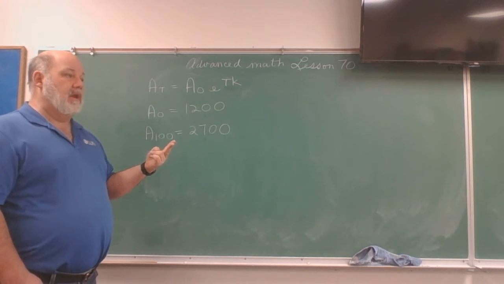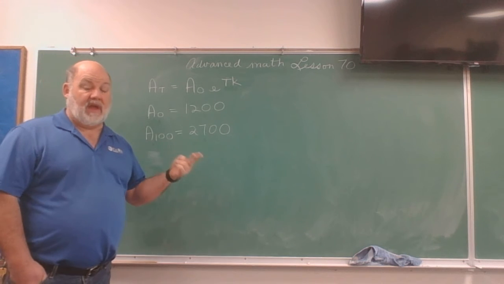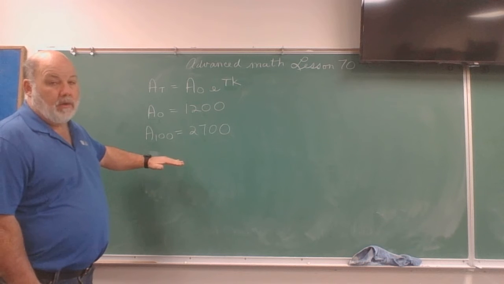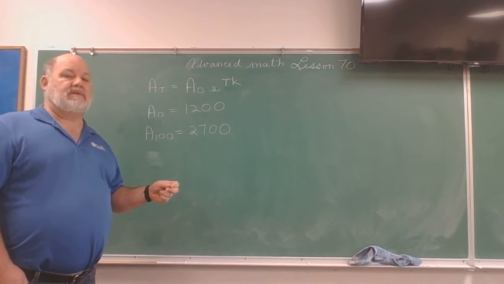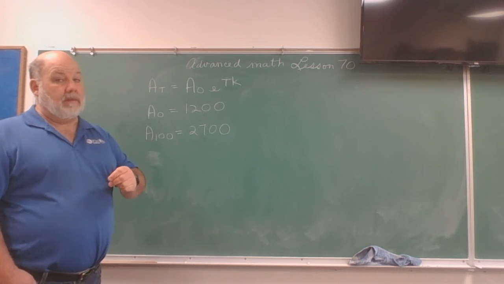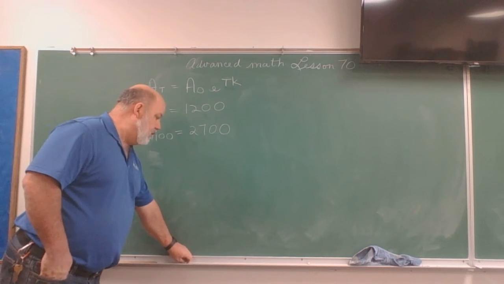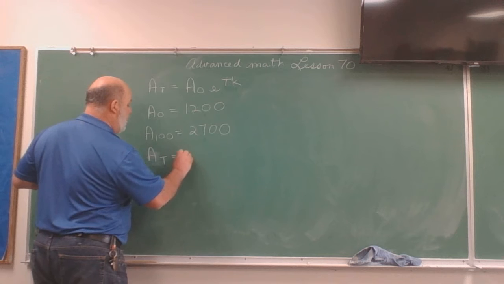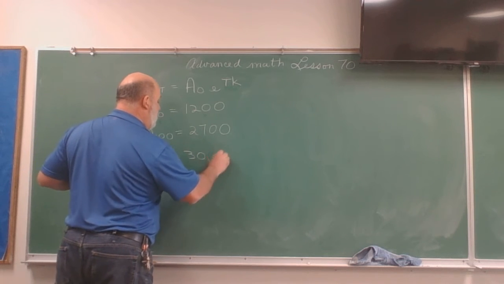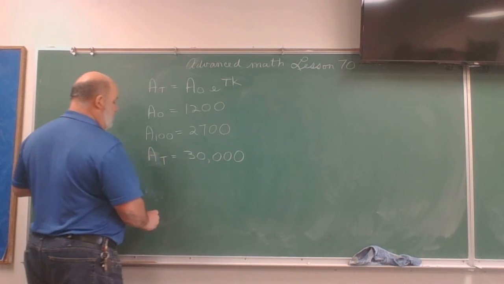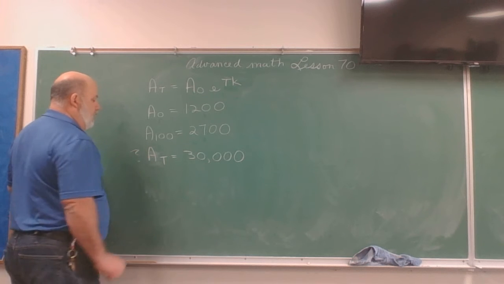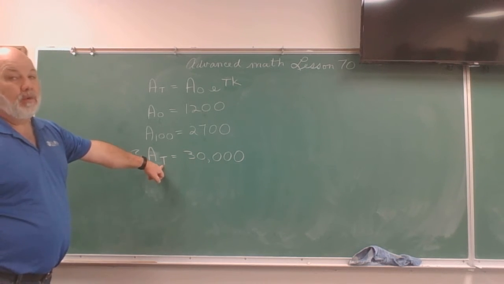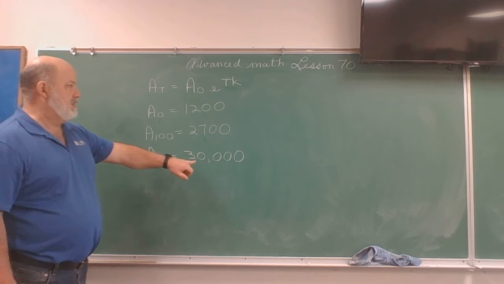It says, how much time does it take to get 30,000? So what we're going to write up here is A sub t equals 30,000. And this is what we don't know. This is our question. What is that t right there? How much time did it take?